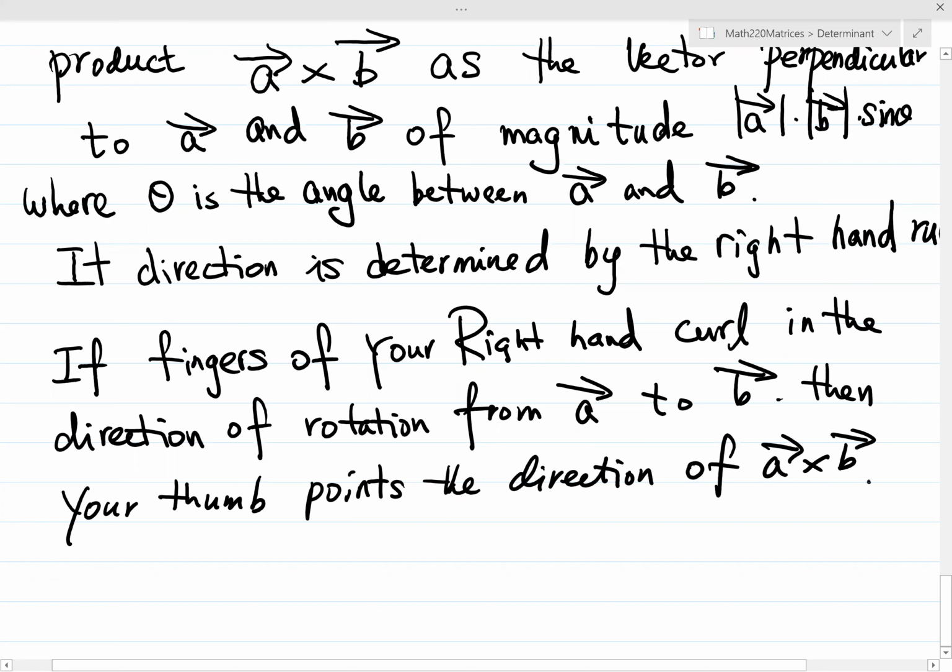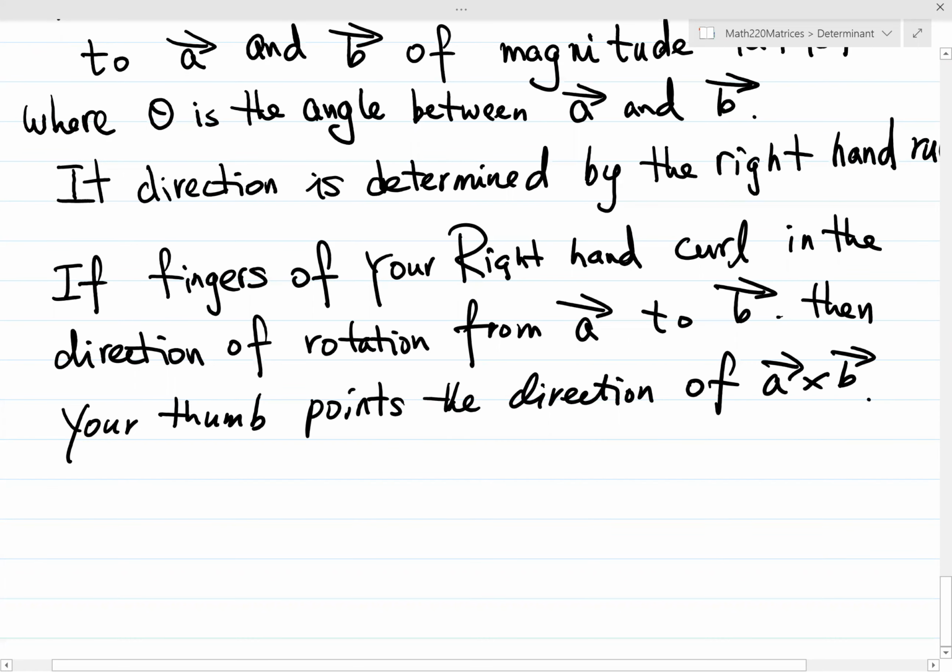You can easily check some properties of the cross product.